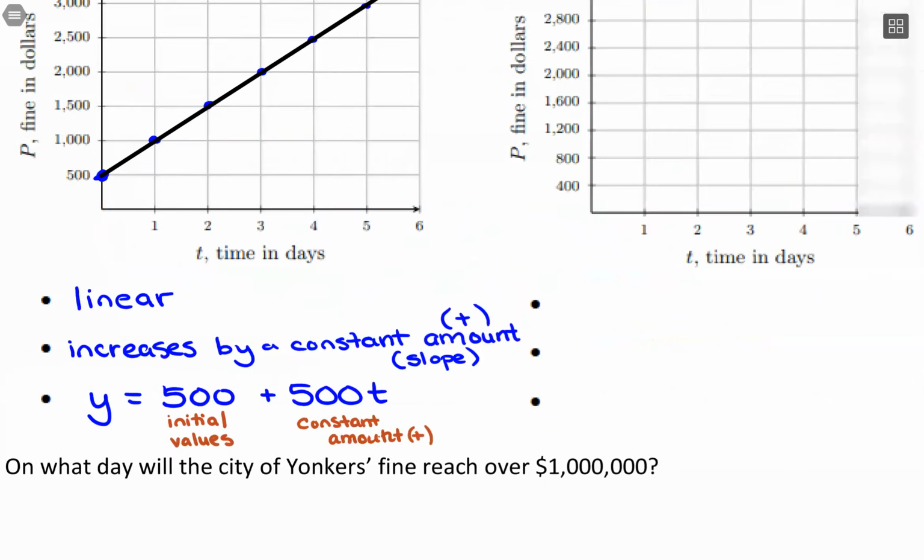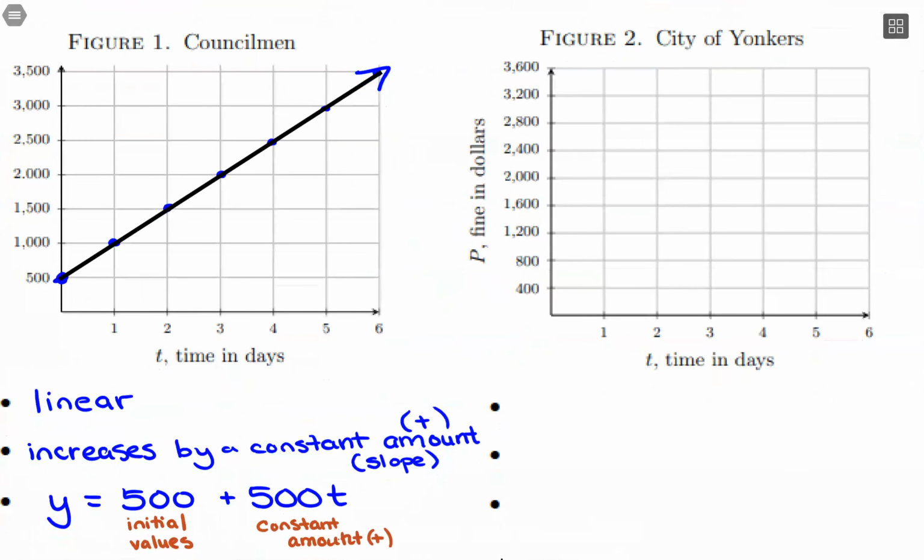So let's compare this to the city of Yonkers. This one started at 100, and then we went 200, 400, 800, 1600, 3200. So as you can see, this isn't a constant slope that we're seeing. The slope changes. So with that, we want to connect this with a smooth curve.